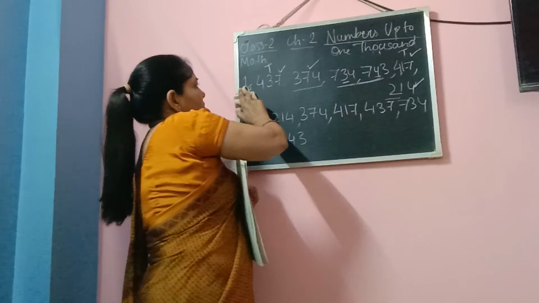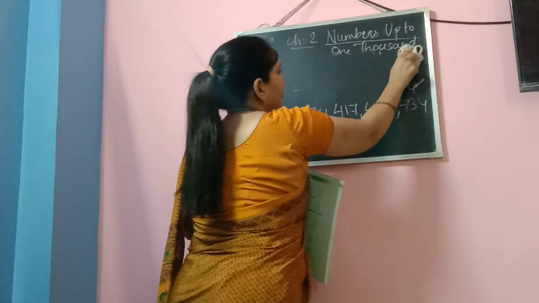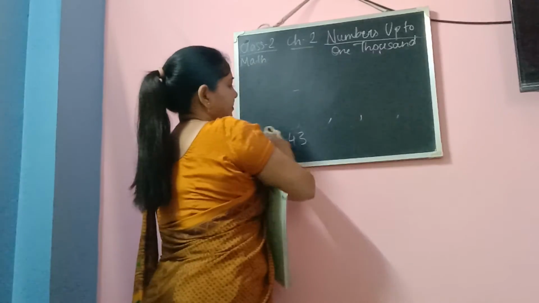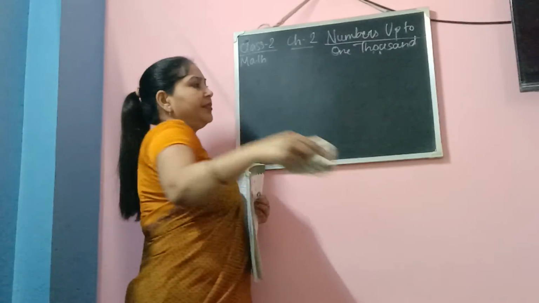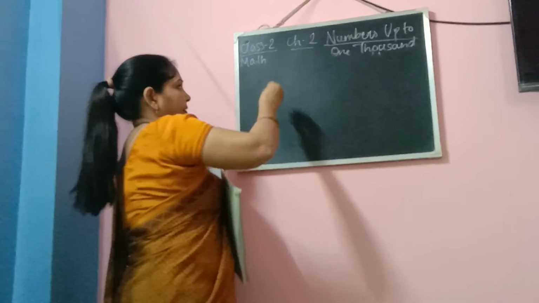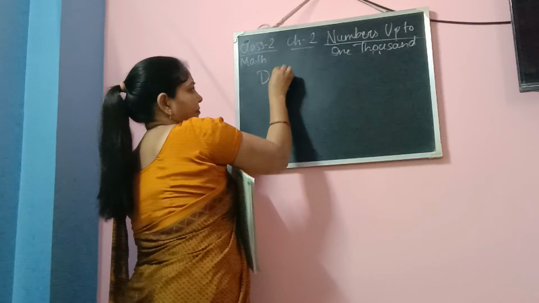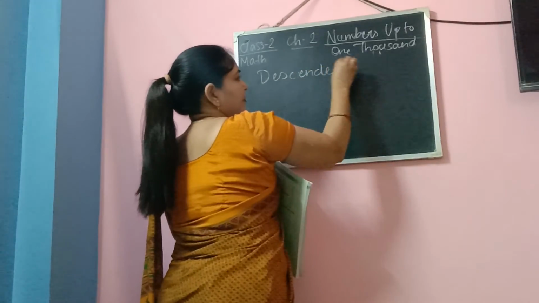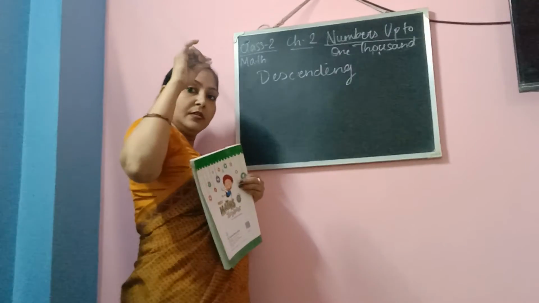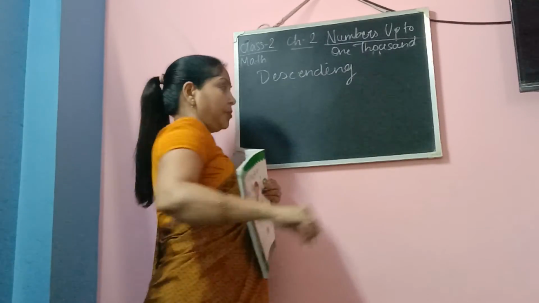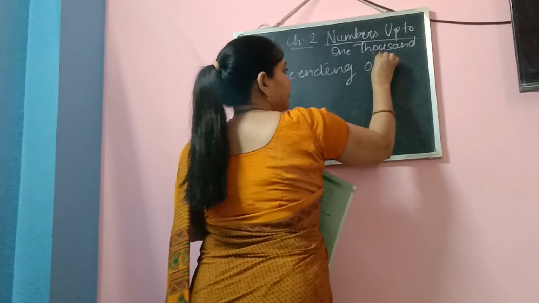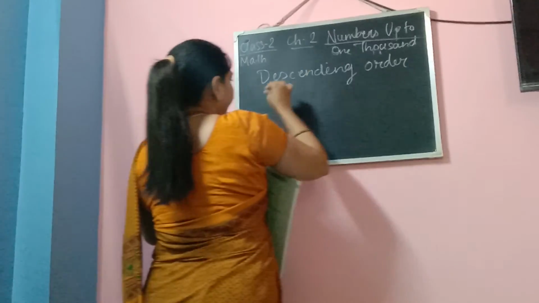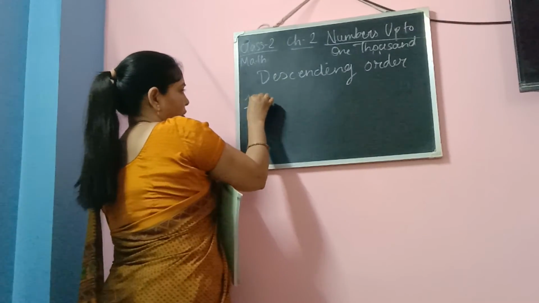Okay, so let's do one. We will be doing descending order. What is the meaning of descending? Descending means from big to small. Now the first one is done for you. We will be doing number B onwards.